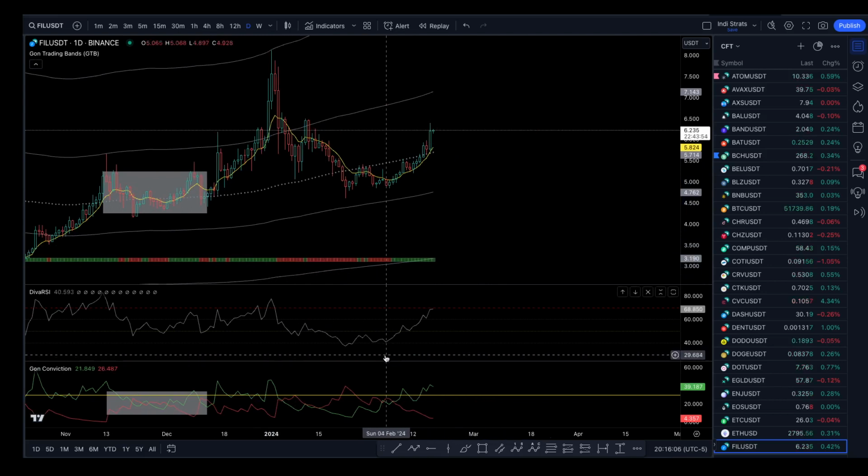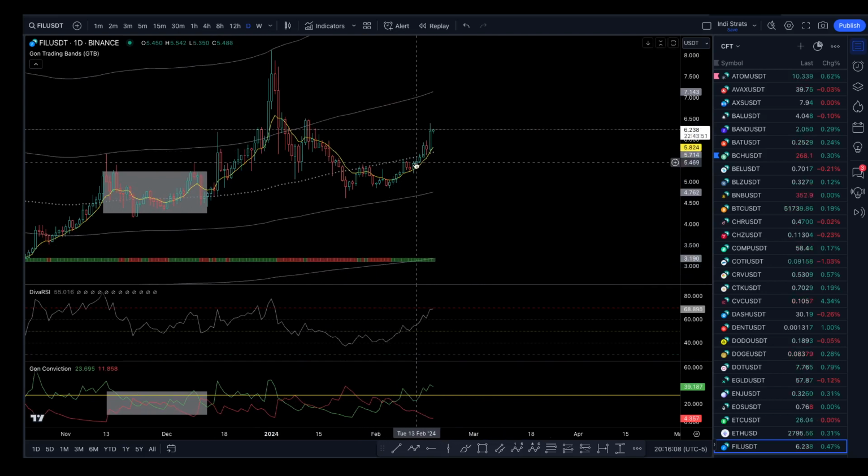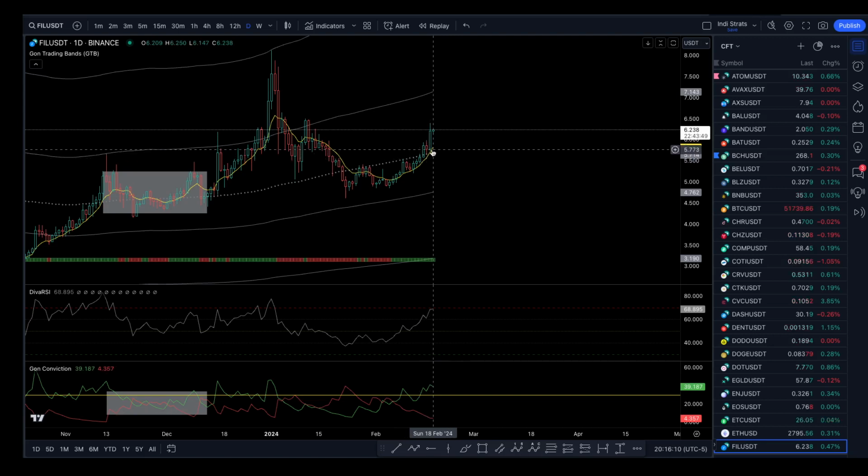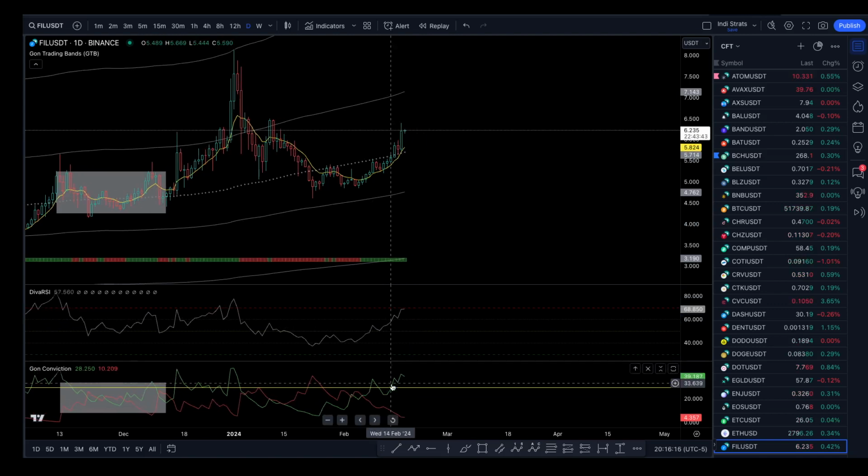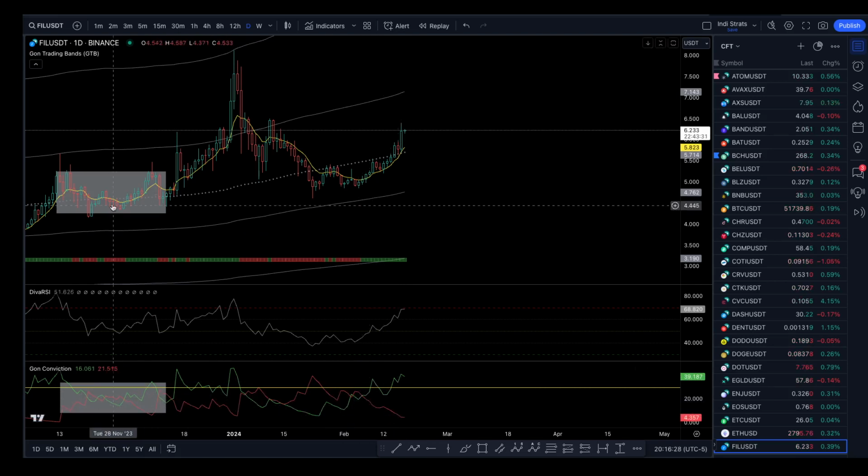But what I like to see is, if I already have the confluence of the price on the Gon Trading Bands and the confluence on the RSI, I also like to see that, for example, bearish conviction, or the selling power, has been on a decline for quite a while.